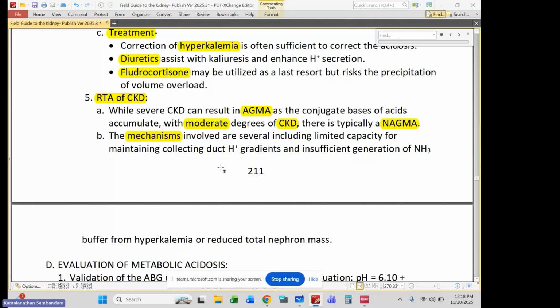Okay, it's not a perfect test by any stretch, and it is not always fitting a certain pattern with the RTA of CKD. Okay, and in fact, there's a large publication on a large data set in CJASN that really makes the argument that patients with CKD have all kinds of urine anion gaps dependent on how much phosphorus they take in their diet. That's a major factor and confounds the use of a urine anion gap as a measurement of adequacy of ammonium excretion.